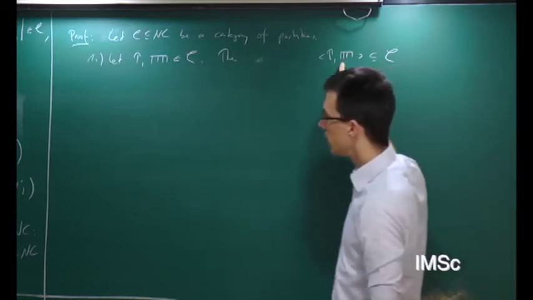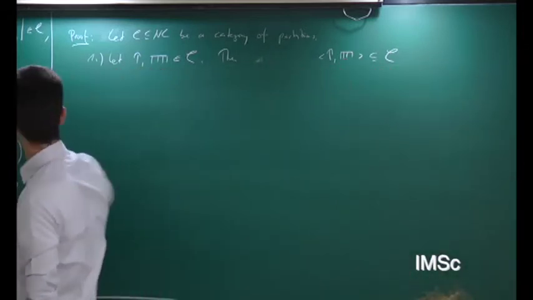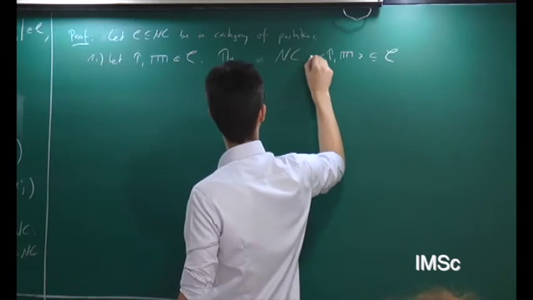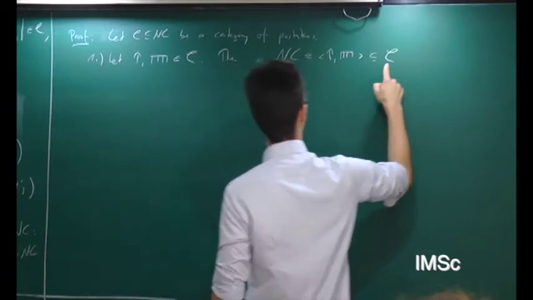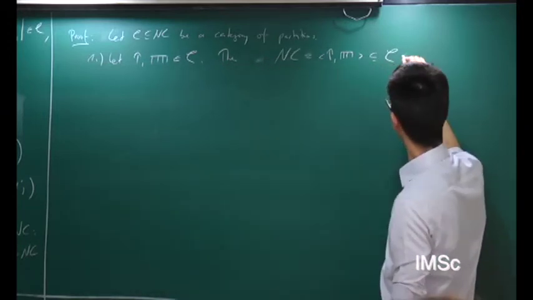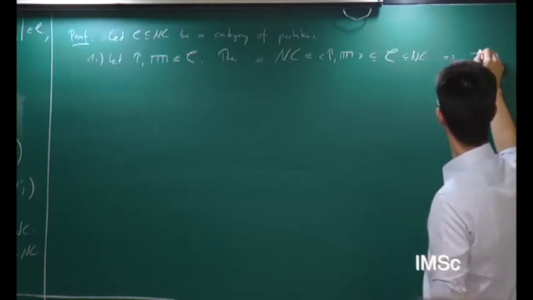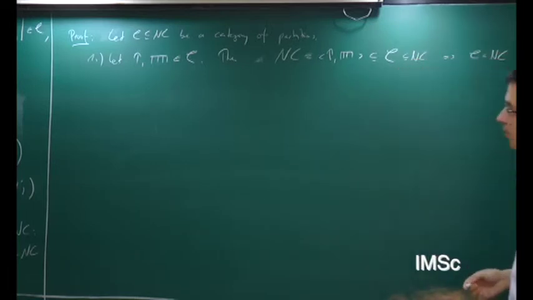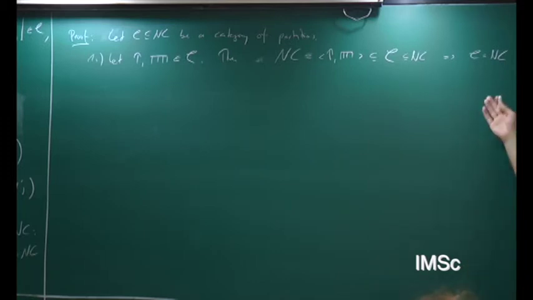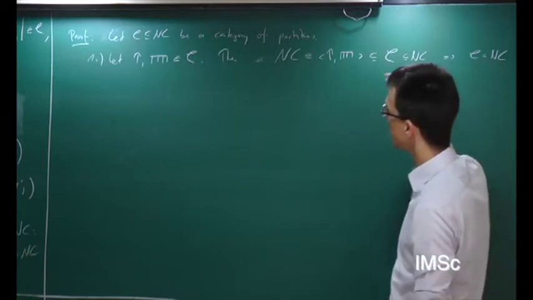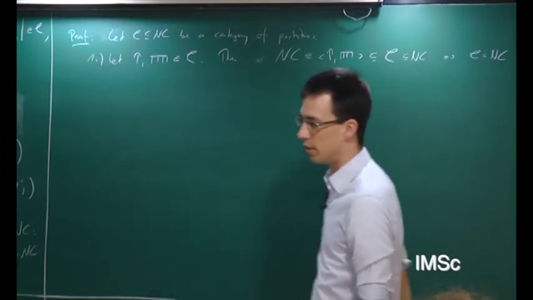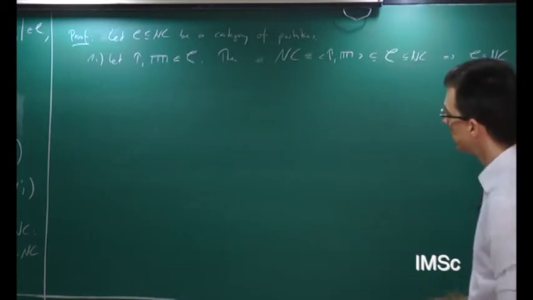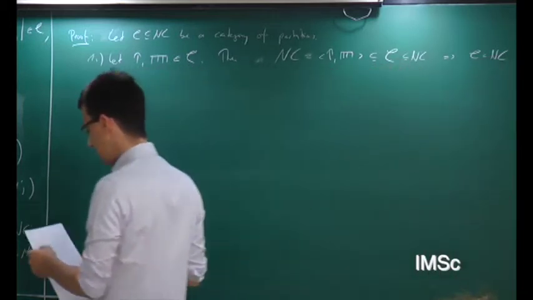But we saw already that this equals NC. On the other hand, this C is contained in NC. Okay, so there's only one category of non-crossing partitions containing these 2 elements. Okay, this would be one case.